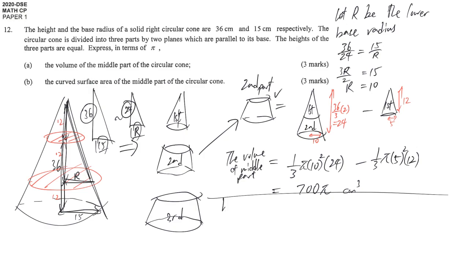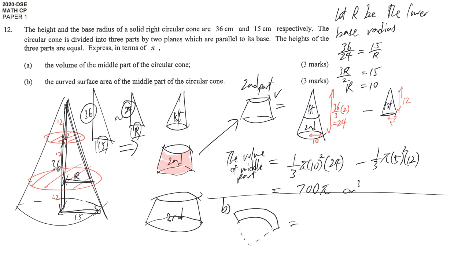Part B, which is similar. We are asking for the curved surface area of the middle part. Remember the word curved. That means we only consider the lateral surface, but we do not consider the base circle here. So if we stretch it out, it is an arc like this.